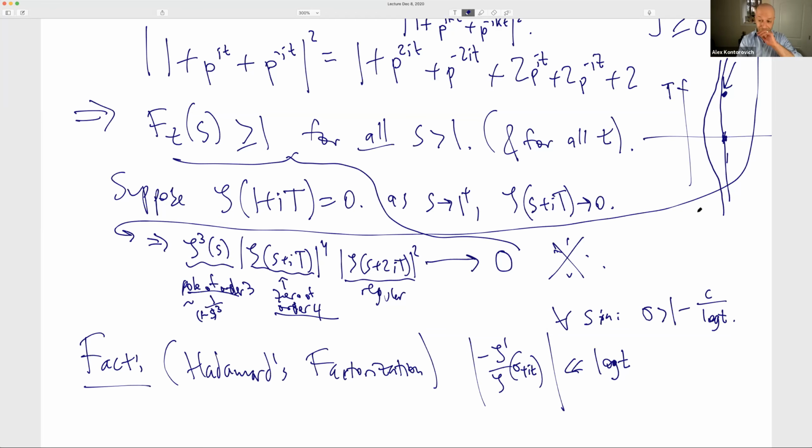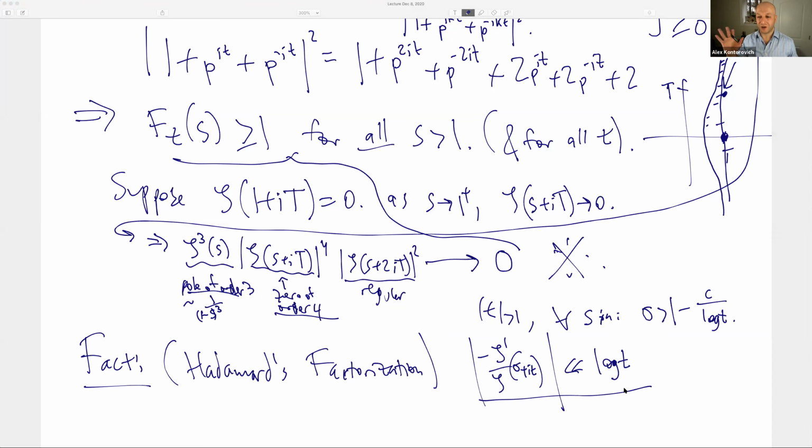Okay, I know this is a mouthful. Think of 1 over log t. The real part has to be within a constant over log t of 1. So that's this region. Of course, away from the pole. There's a pole here. So for t bigger than 1 and for all s in this region, you have a bound. Not only does this thing not blow up, but it grows at worst like log t in the t variable.